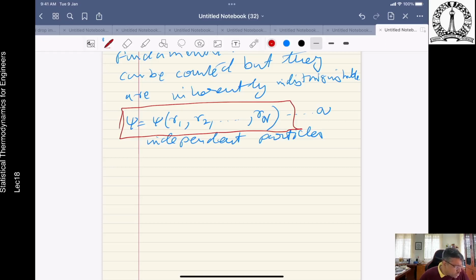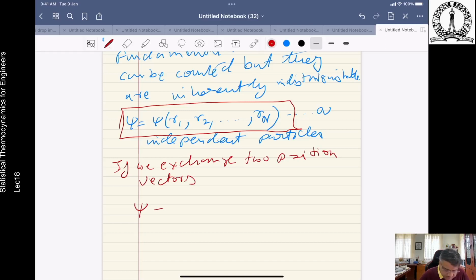If we exchange two position vectors, that means you interchange, so psi becomes psi of R2, R1, up to Rn. Physical observations remain unchanged.